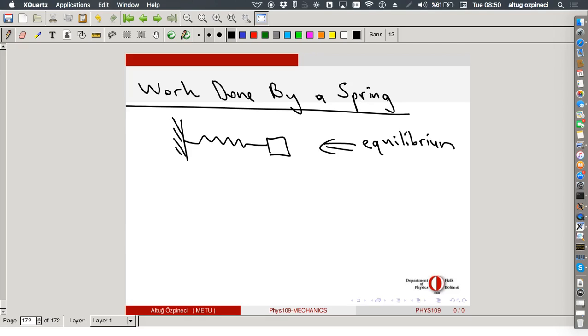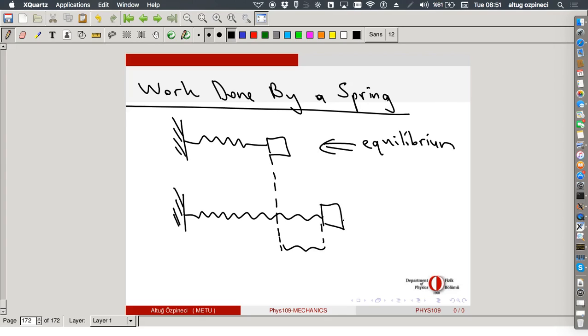By equilibrium we mean that if you just leave it like this, nothing will change. This mass over here will just stay there. If you want to stretch it, you have to exert a force. This is the external force. This is the spring force.